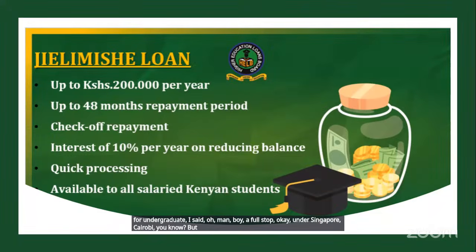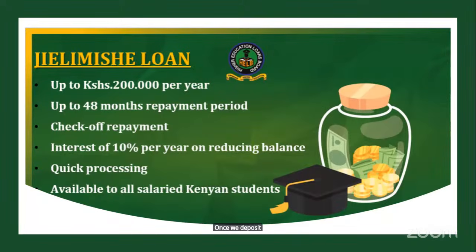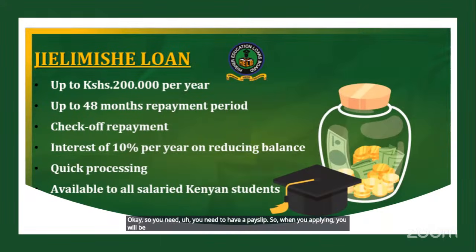But this one, there is no time to go to Singapore. Once we deposit that money in your school's account, your employer is supposed to deduct it from your payslip. So you need to have a payslip. When you apply, you will be required to give 3 months of payslips.